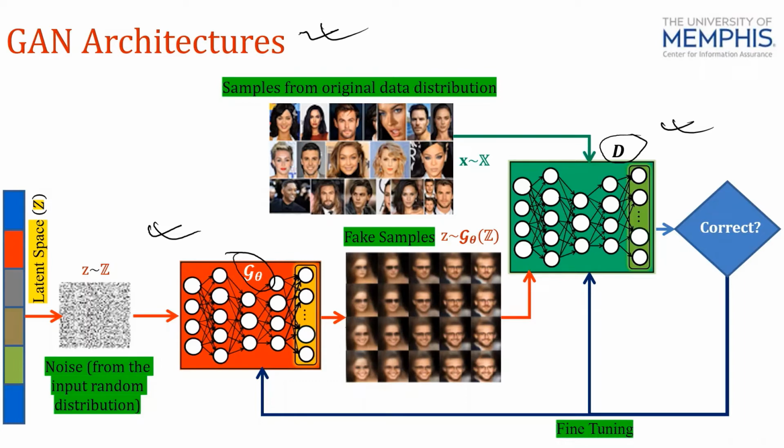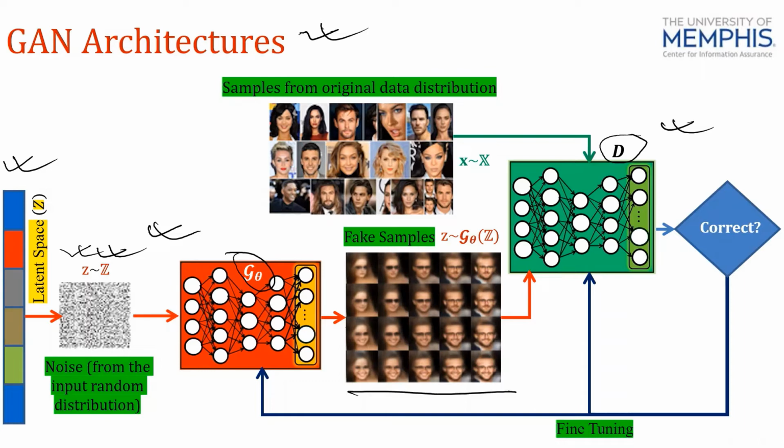Now everything starts from the latent space. Here the latent space is the arbitrary random distribution, which we call script Z. From that arbitrary random distribution we take a random sample, that is Z. Now this will be the input to the generator G theta. Once the generator receives this input, it processes it and generates a lot of fake samples.